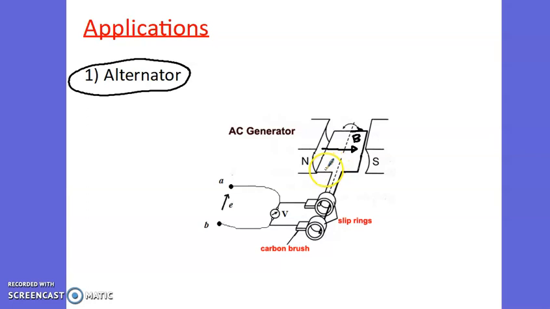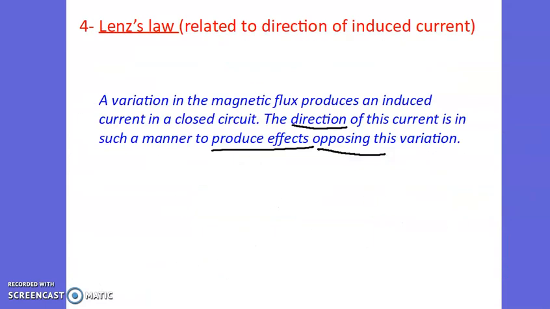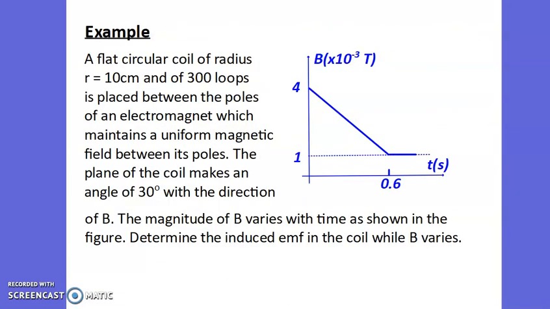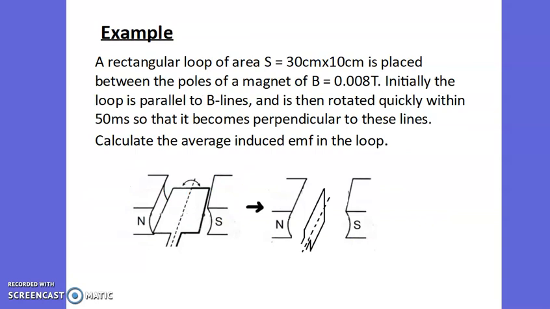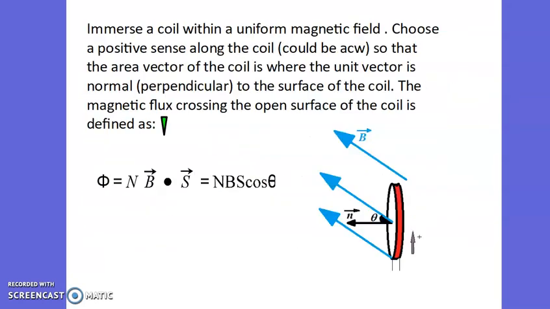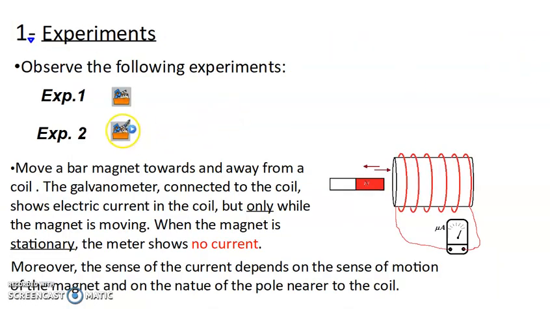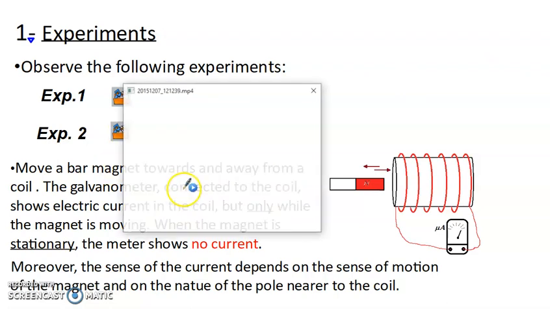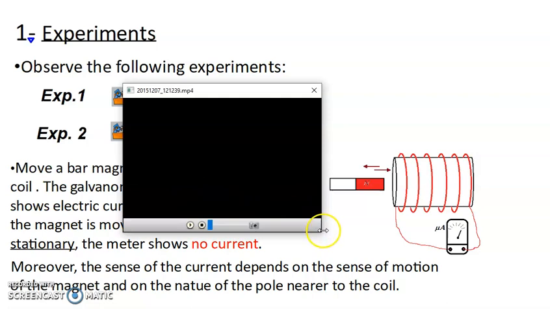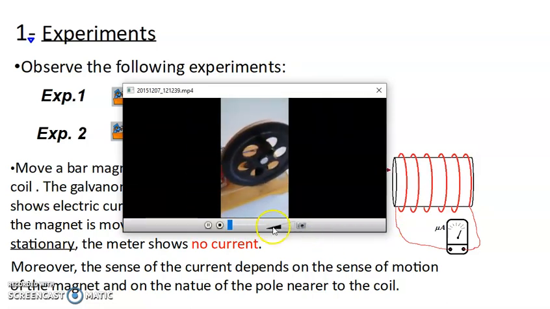That's what happened in the first experiment here. Let me go back here to the beginning of the lesson. You see here it is. This example, we solved an example on it. Here in this experiment, remember, when we rotated the coil inside the magnet, okay?